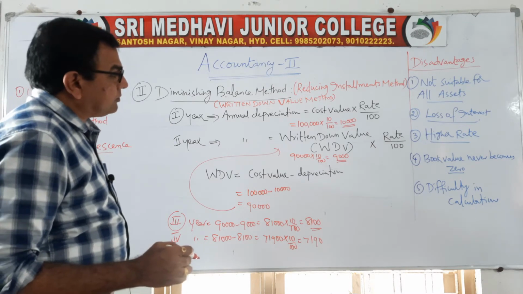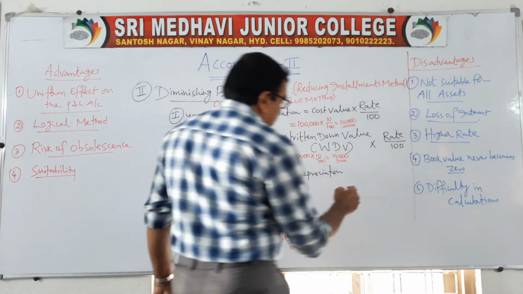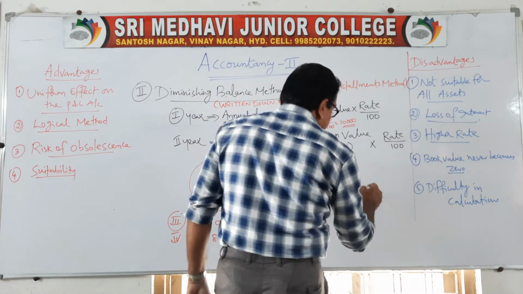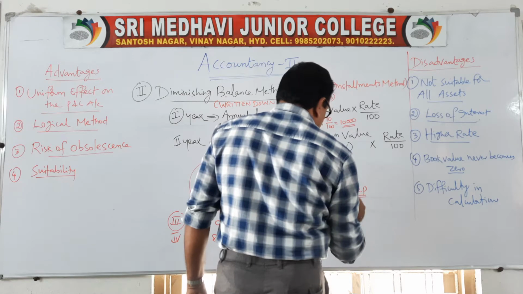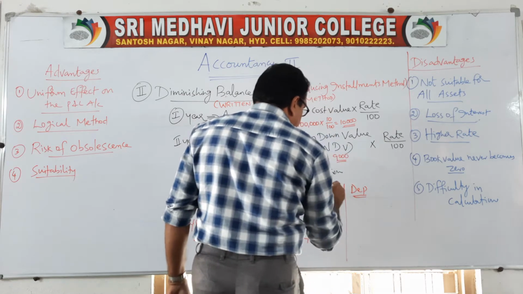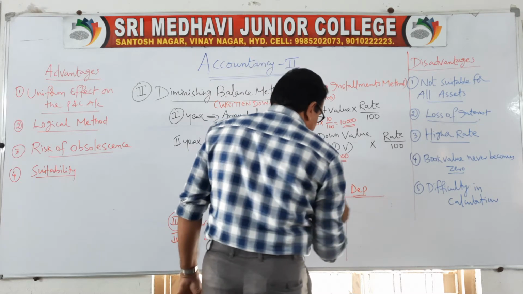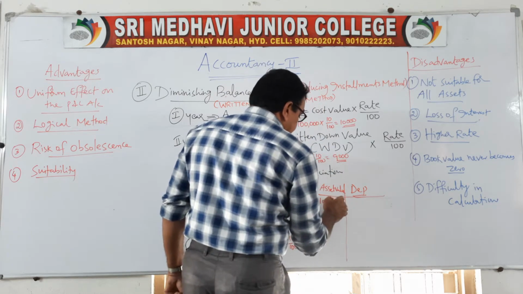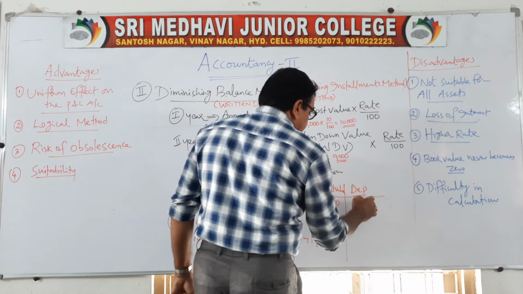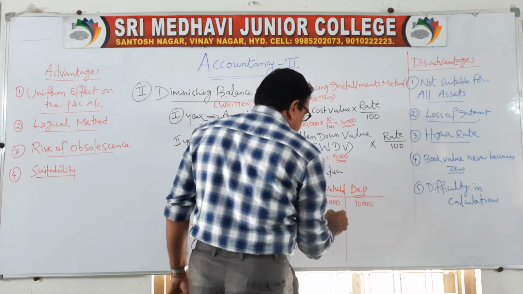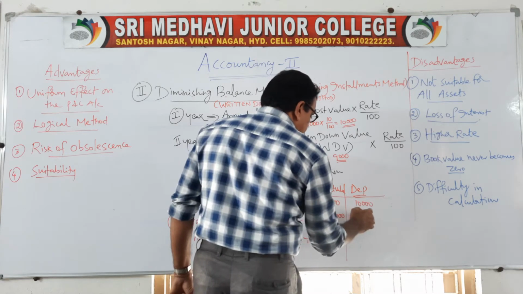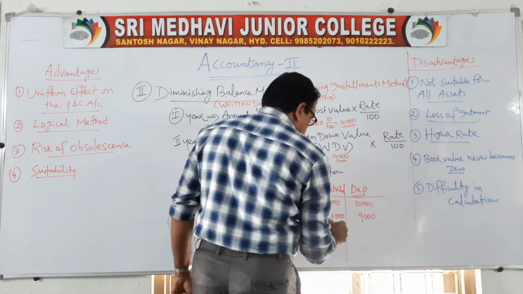If you observe the annual depreciations and asset value: asset value is 1 lakh, depreciation 10,000. Second year asset value 90,000, depreciation 9,000.